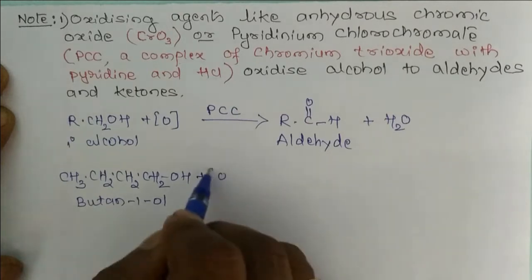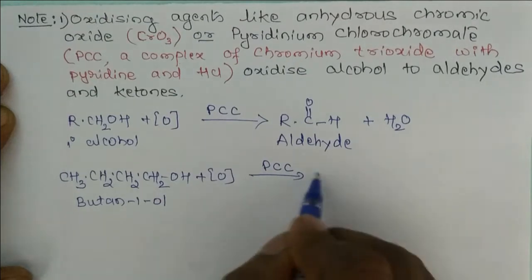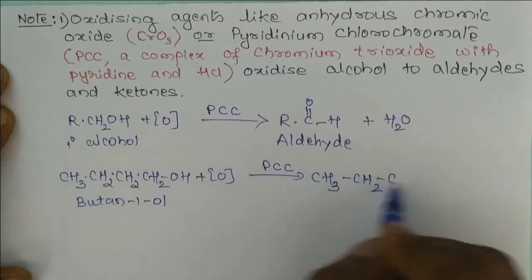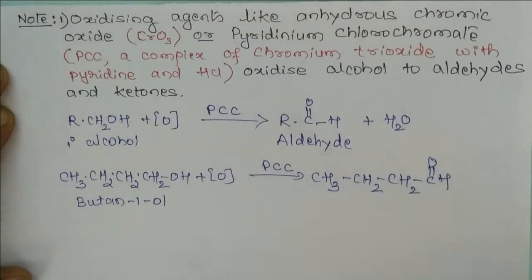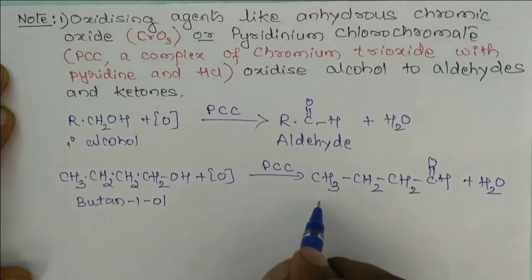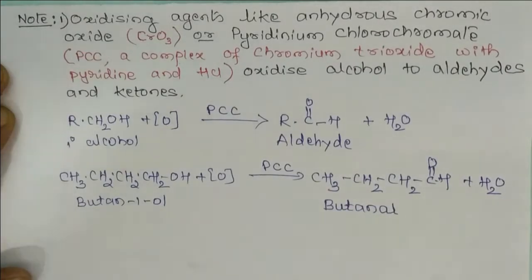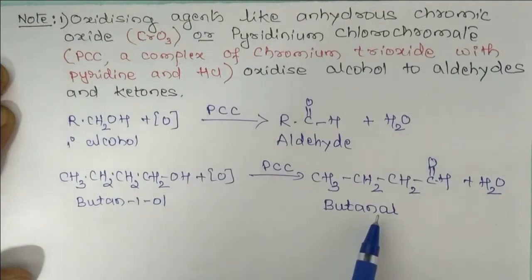If this is subjected to oxidation by using pyridinium chlorochromate, you are going to get CH3CH2CH2CHO plus H2O. This is butanal. Here, as this is mild oxidizing agent, we can stop the reaction at aldehydic level.